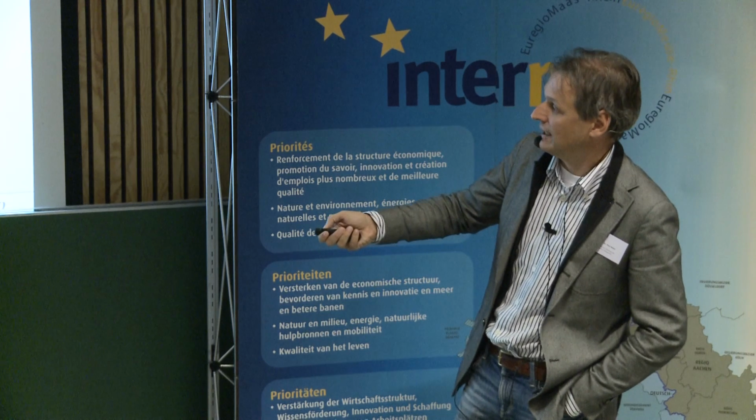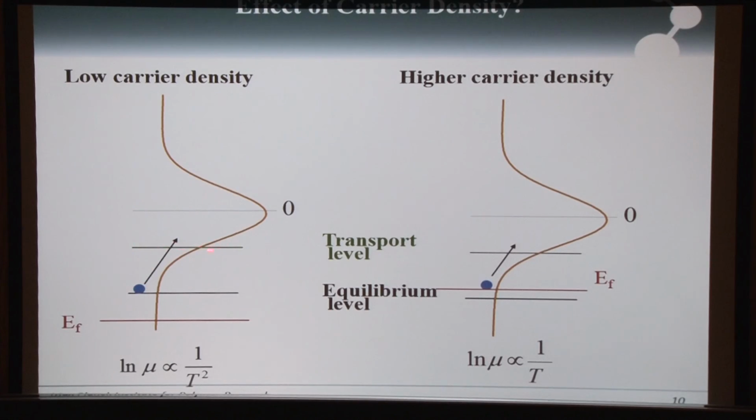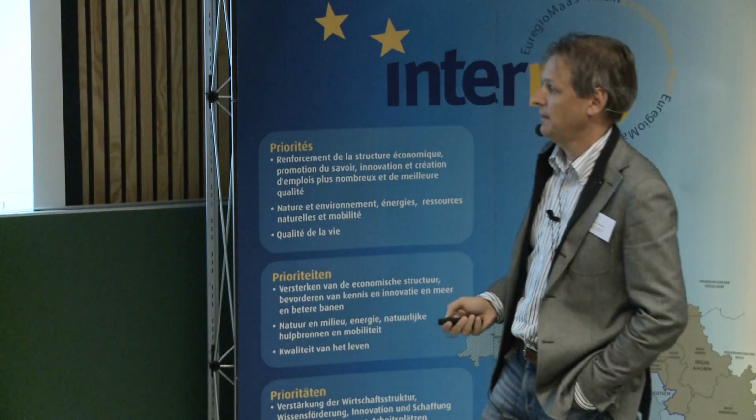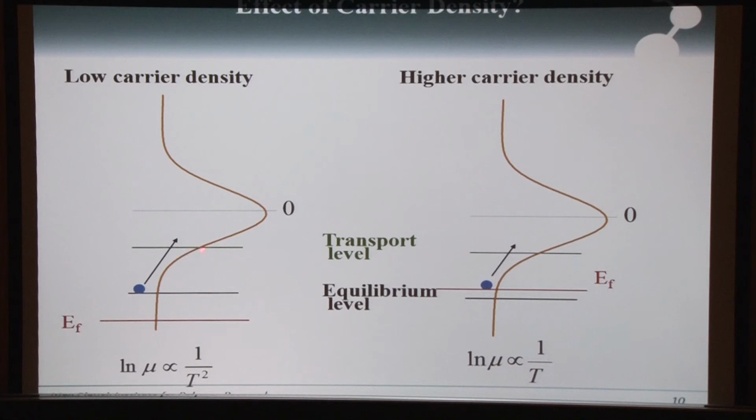So what the carriers do, they find a level that is a compromise between the energy step and the distance between the sites. Now, what happens if you start to increase the carrier concentration? I spoke, for example, about one electron or a few, so the Fermi level is here.